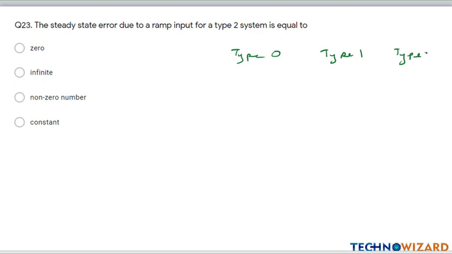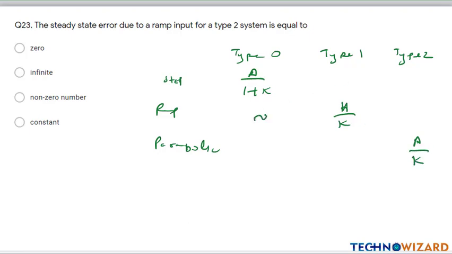This is step, this is ramp, parabolic. For step, for type 0 system, the steady state error is given as A upon 1 plus K. For type 1, A upon K for ramp, and for parabolic type 2, A upon K. These all are infinity. This is 0.